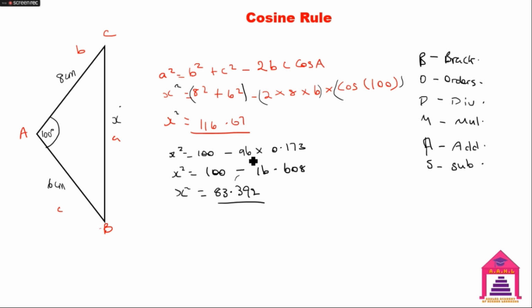Next, we did our multiplication, so that was 96. And then of course, cos 100. We get 83.392. Now remember, this is x squared.